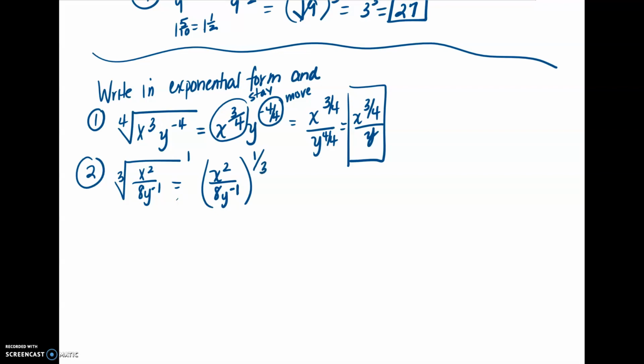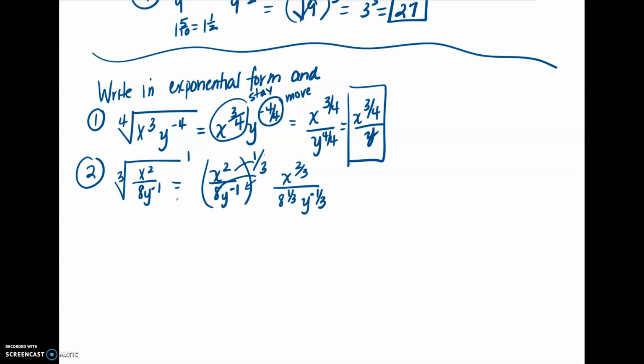So when we do that, now we can share it with everything. So we get x to the 2 times 1, or 2/3 power. Then in the denominator, we get 8 to the 1/3 power, and we get y to the -1/3 power.